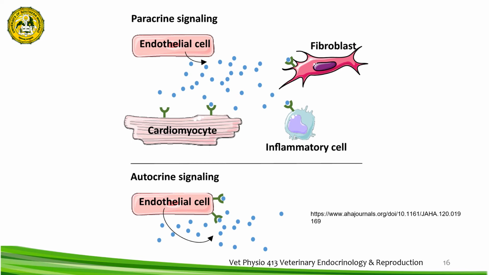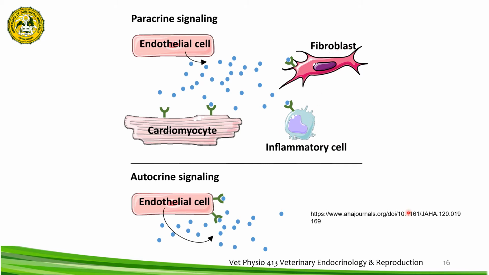This diagram shows an example of paracrine and autocrine signaling in the heart. In this diagram, we have the presence of the endothelial cells. The endothelial cells secrete the signaling molecules or signaling proteins, shown as blue dots. These signaling proteins will target receptors found on the cardiomyocyte, the inflammatory cell, and the fibroblast.